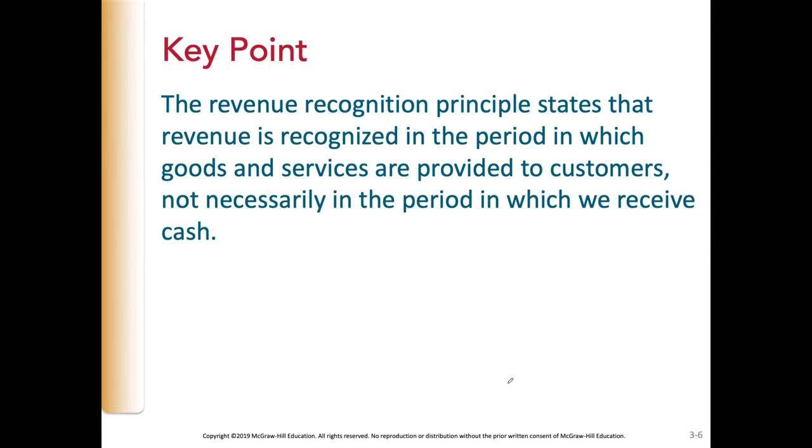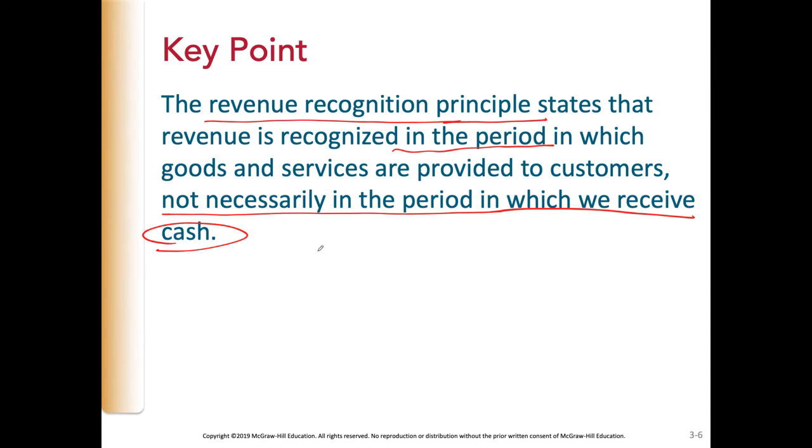Okay, so the key point here is that the revenue recognition principle states that, and this is the most important thing, revenue is recognized in the period in which the goods and services are provided to the customer, not necessarily in the period in which we receive cash. So there is a difference.